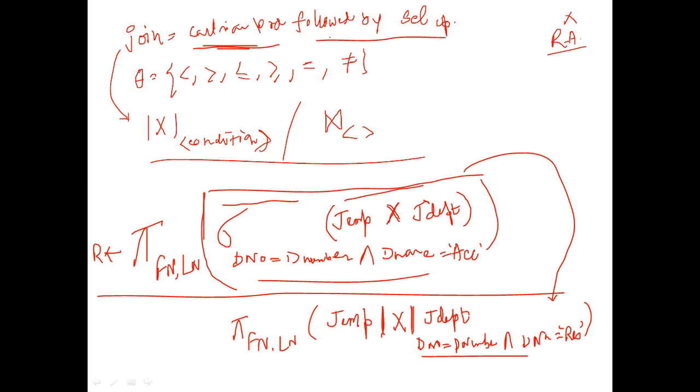Next, it will perform the select operation depending on this condition, because a select operation is performed on a condition. So we do not have to show the select operator separately. This is simply the join operation, and this will be your result.